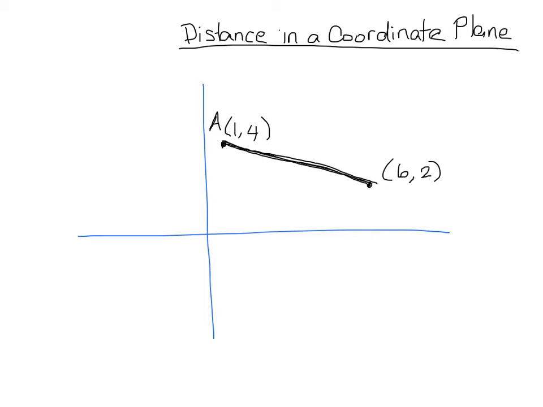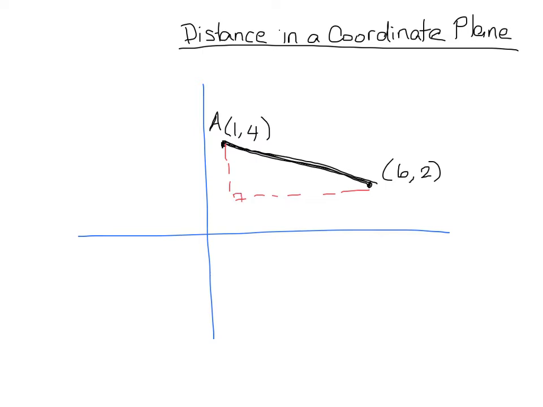But we can count going straight down and going straight across, though that doesn't give us the length of that line. We can't just add those numbers up, or can we? Well, here's the thing. If I count the distance vertically, and if I also count the distance between the points horizontally, I just created a right triangle.